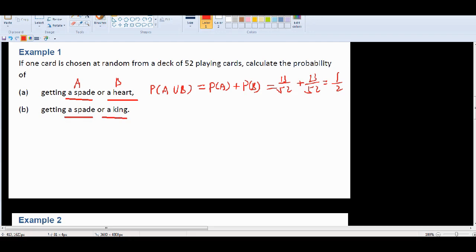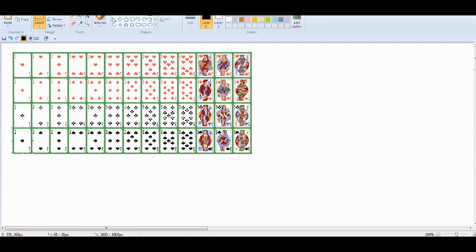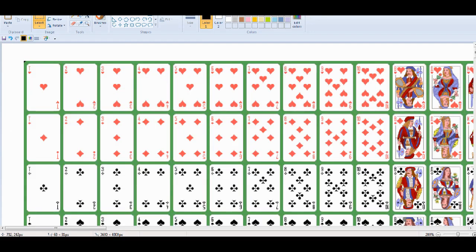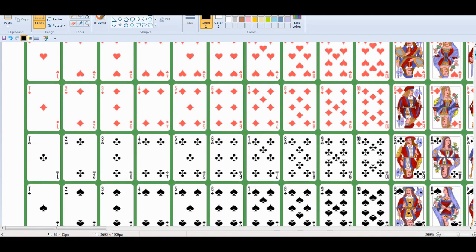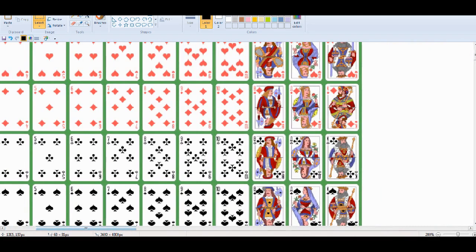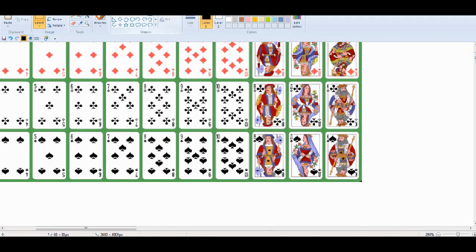Okay, and then the next one, if you got a spade or a king. Okay, so this time they are not mutually exclusive. Why? Okay, when you see this, we could actually find a spade and a king. Okay, so this one is a spade and a king.